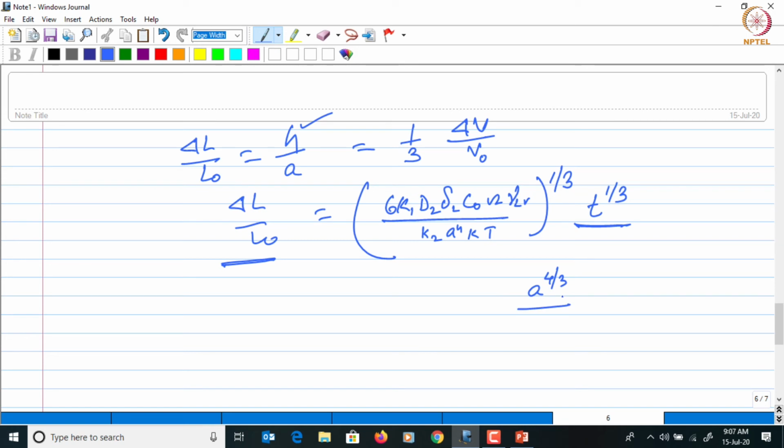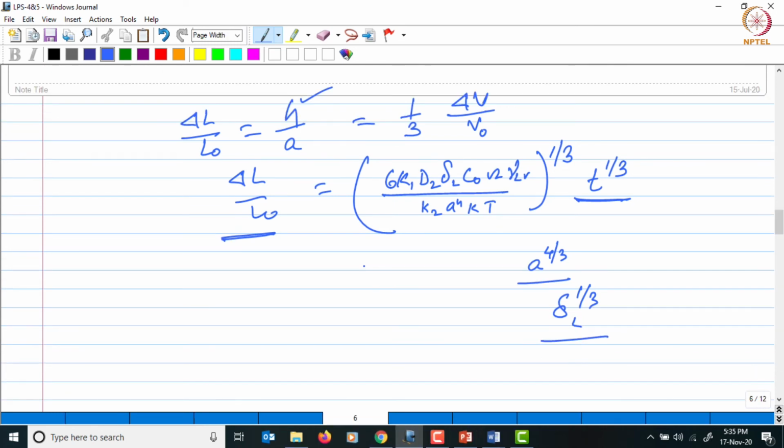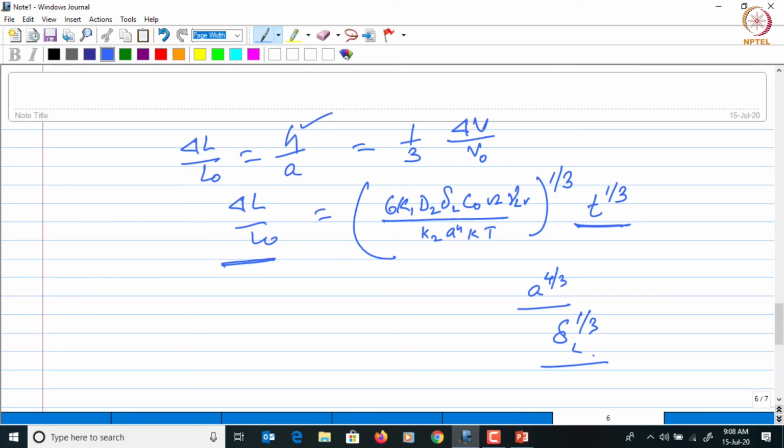Right, so which again means that the shrinkage is higher for lower particle sizes, or the densification is higher for lower particle sizes, and the densification also increases with 1/3 power of the thickness of the liquid boundary. So this is when the diffusion through the liquid is the rate controlling mechanism. Right, so these are the parameters which affect the densification in this particular mechanism of solution precipitation.